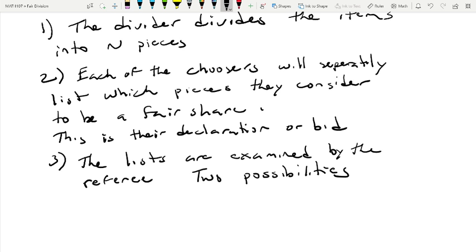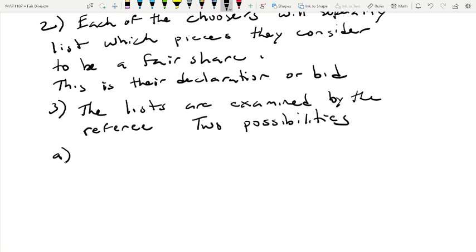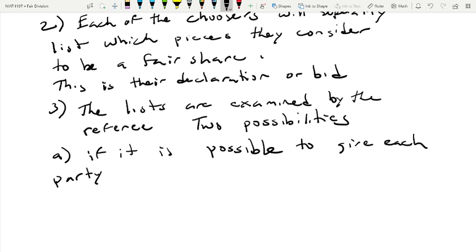First, A, if it is possible to give each party a piece they declared, then do so.